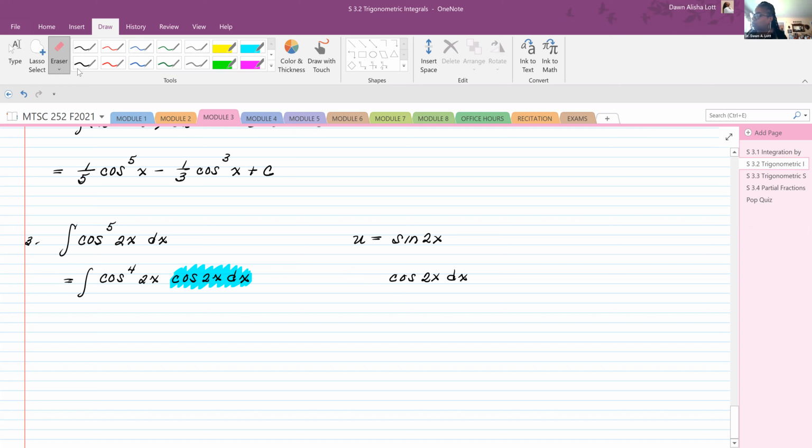So now I can see that du is actually 2 times the cosine of 2x. So the cosine of 2x dx turns out to be 1/2 du. But there is my cosine of 2x dx. Now, the question is, this must go.